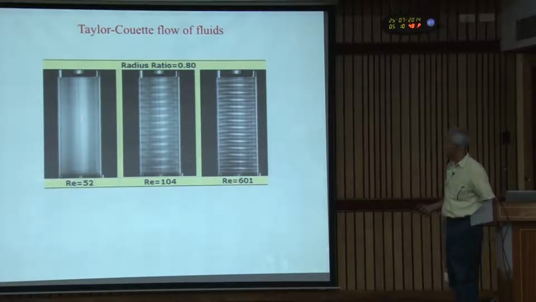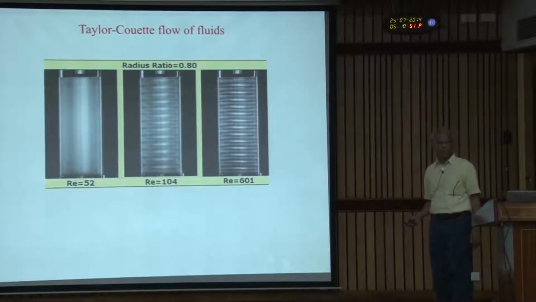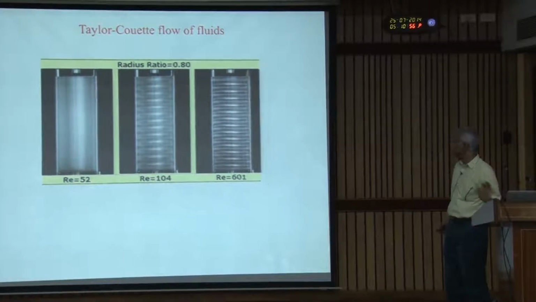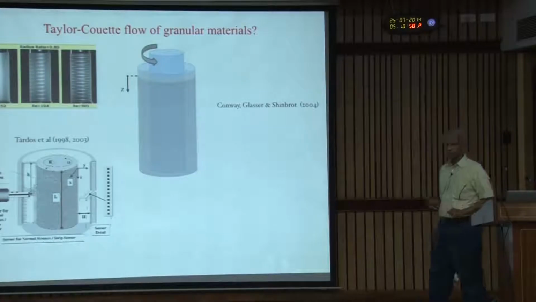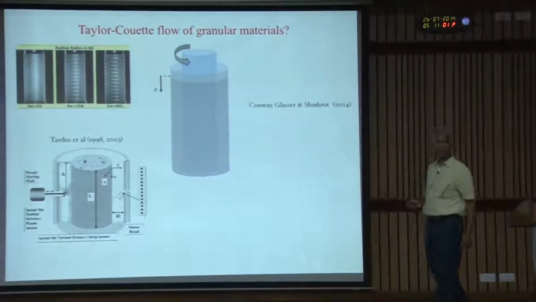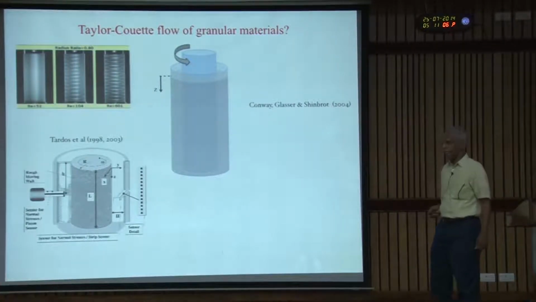And as you go to higher and higher speeds, you get all kinds of secondary transitions. Now, how is this connected with granular materials? What I am going to do instead of putting a fluid in between is to put granular material.